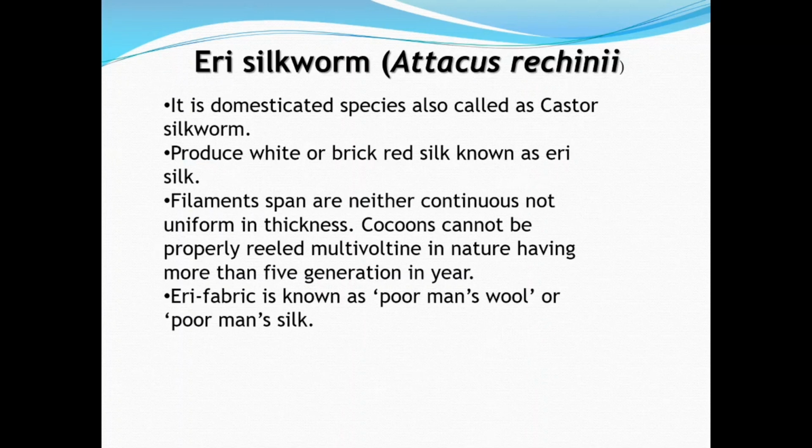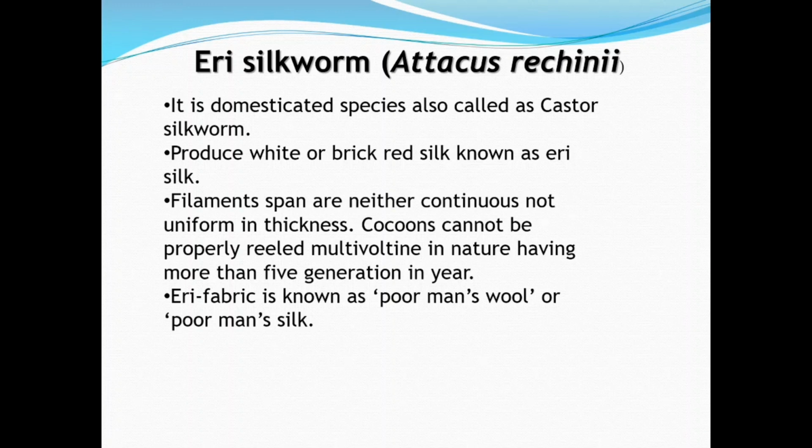Next is eri silkworm, Attacus ricini. It is a domesticated species and is also called as castor silkworm because the host plant required for rearing eri silkworm is castor. Eri silkworm produces white or brick red color silk.